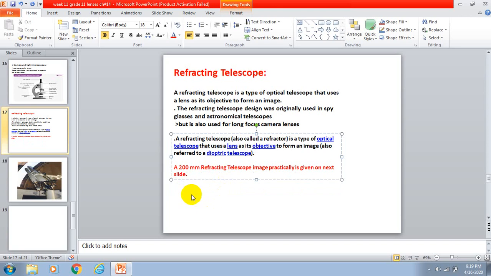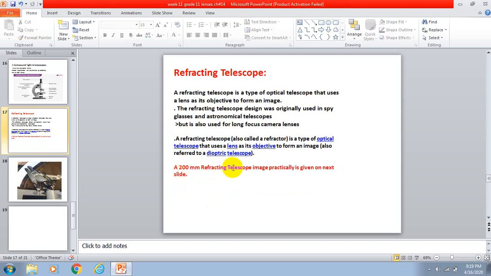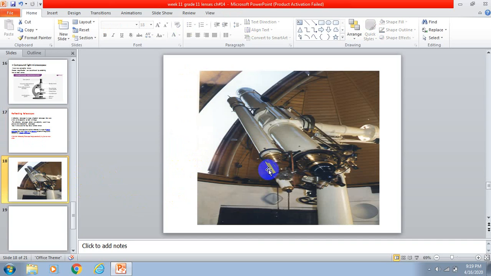Now look at a 200 millimeter reflecting telescope, whose image is given practically on the next slide. Now we have a reflecting telescope with a zooming of 200 millimeter. Look at the small aperture holes here. This one is a kind of astronomical telescope.